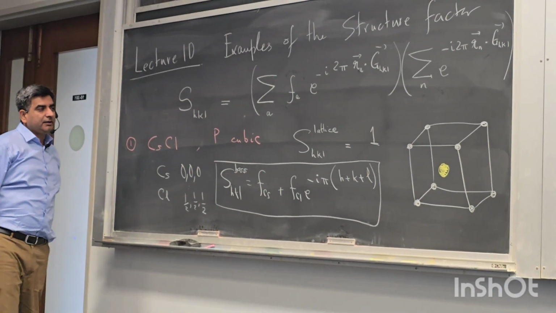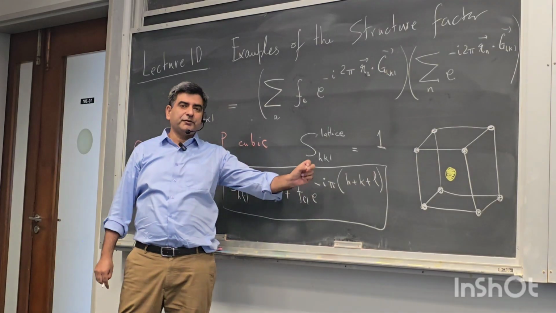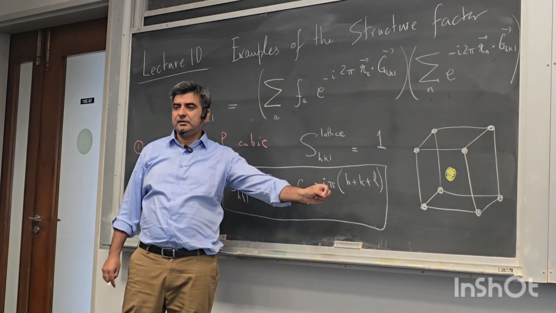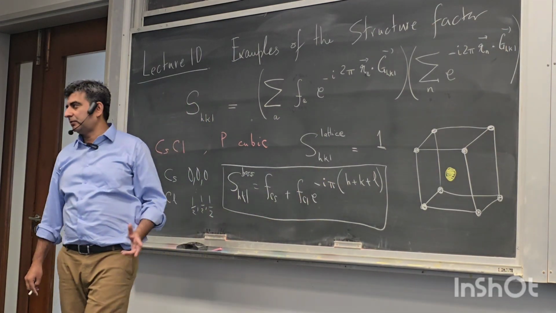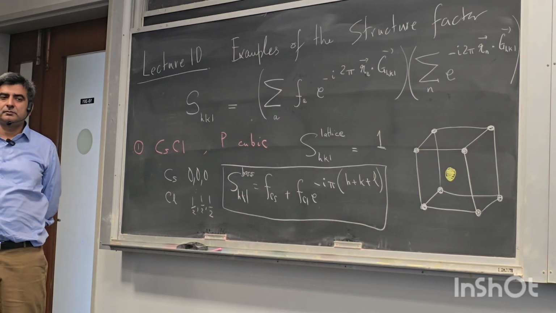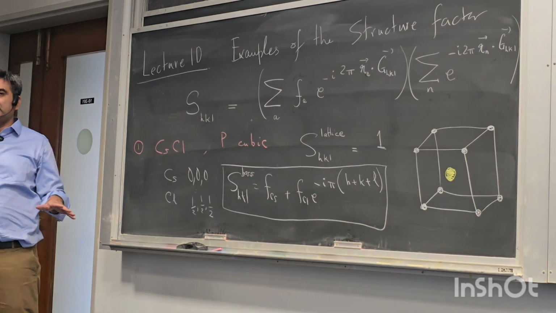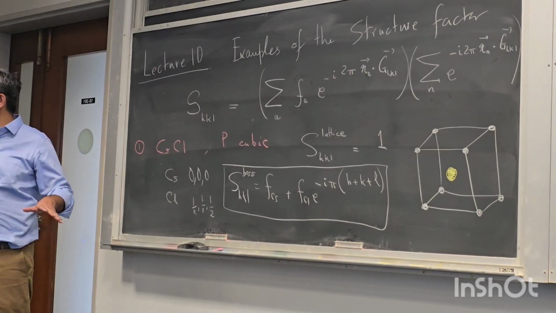First of all, are there any absences, which means are there certain values of H, K and L for which this term becomes 0? None. So all H, K, L, all kinds of reflections are allowed. There are no conditions for the reflection.